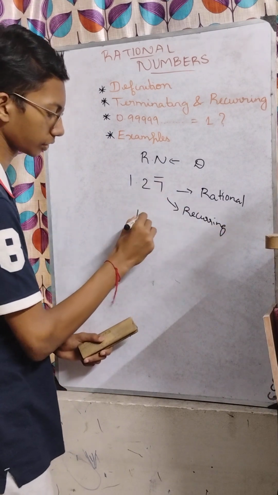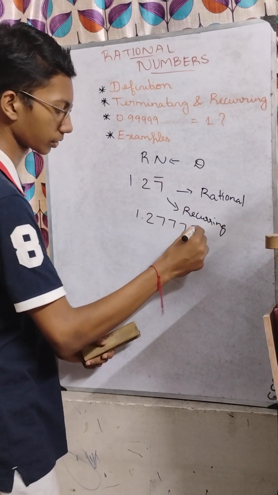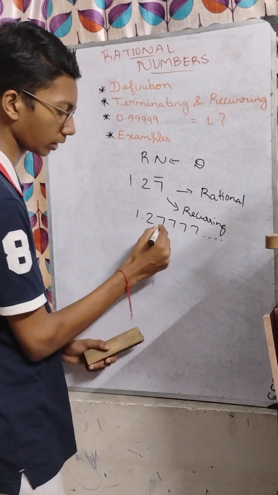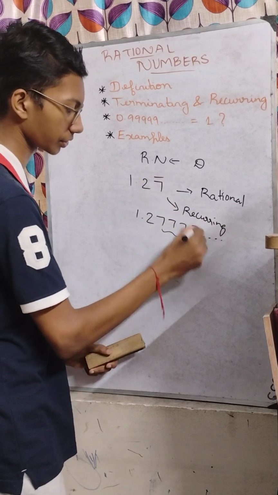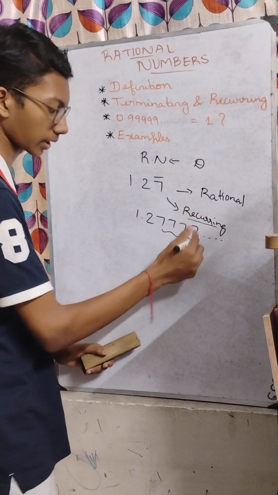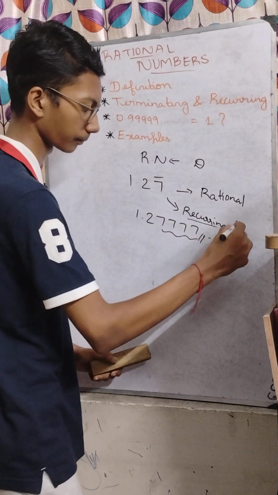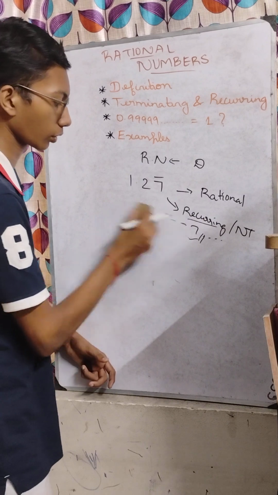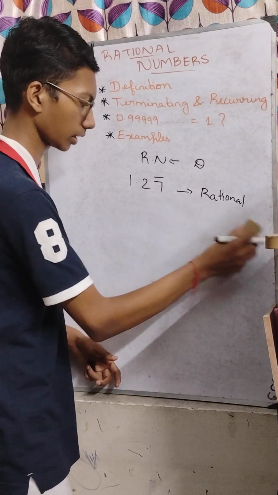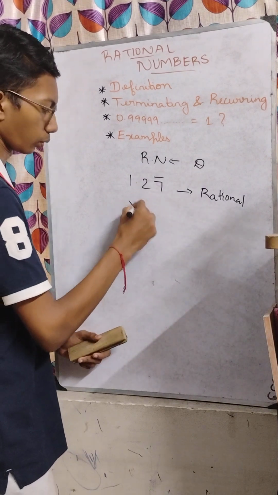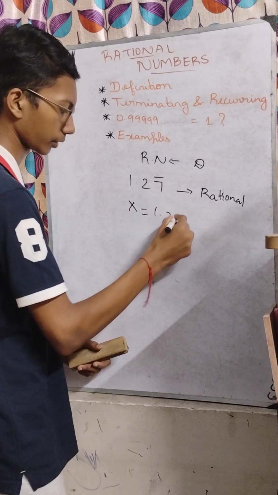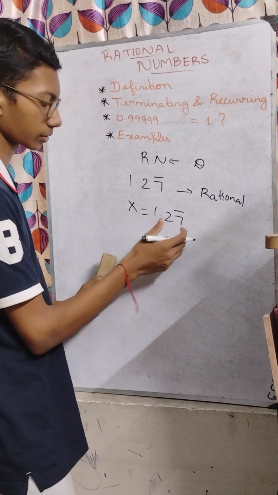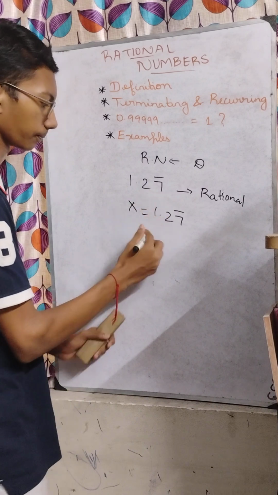The meaning of the bar is that the number below the bar is repeating. So in this number, 7 is recurring. It is recurring and non-terminating, so this comes under rational numbers. Now x equals 1.27 bar.